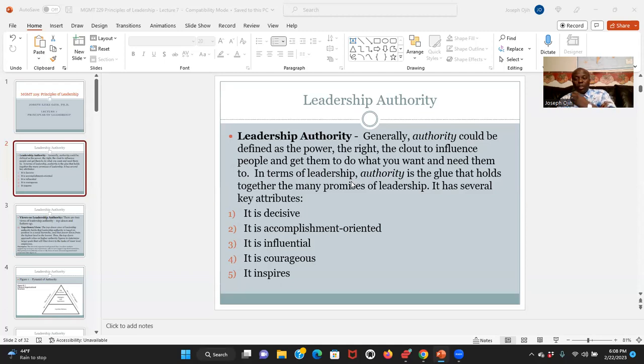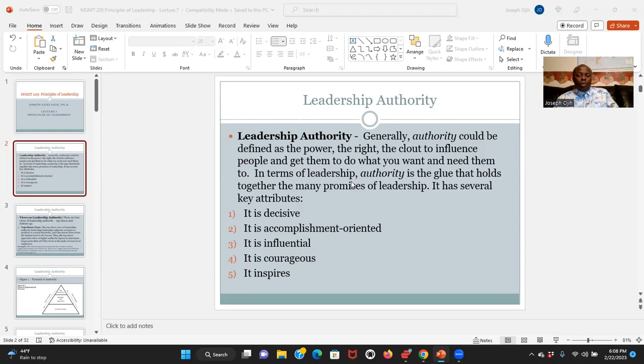So it comes with influence. They have to be courageous, and not feel intimidated to exercise the authority. It also inspires. So these are the 5 key attributes: decisive, accomplishment-oriented, influential, courageous, and the capability to inspire.